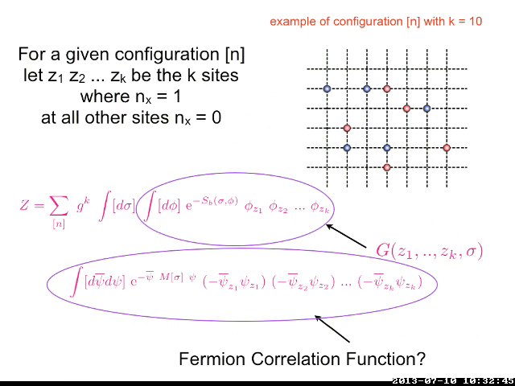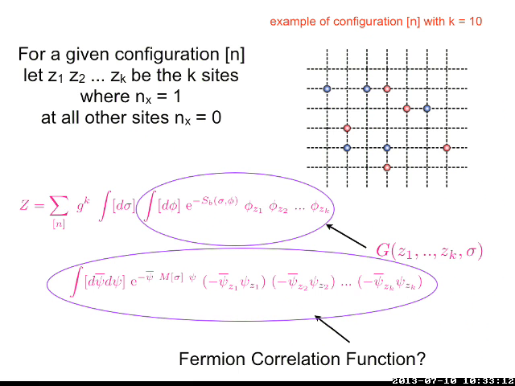For example, if I take a particular configuration where there were x's that were non-zero at these points, z1 to zk, where n is 1 and everywhere else n is 0, then that particular term will look like that, where there will be k powers of g, and then there will be all the phi insertions of the bosonic integral. That is exactly what we said was solvable.